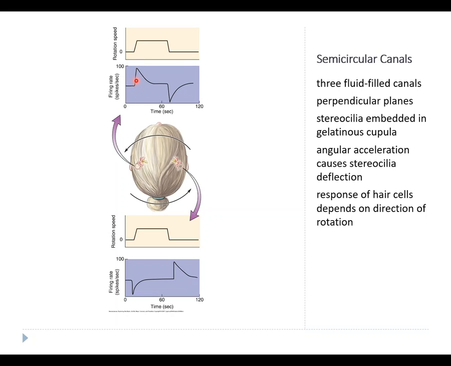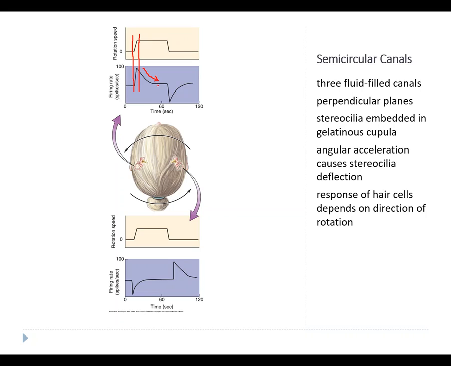The firing rate only increases during this brief phase, a short window of time where the rotational velocity is increasing, and then as soon as it becomes constant, so now here we're at constant rotational speed, the firing rate starts to go down. And in fact, it reaches baseline.